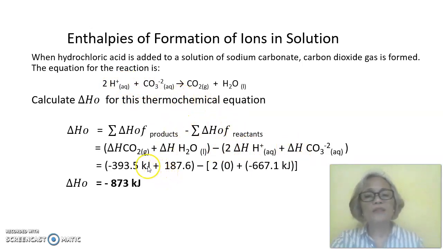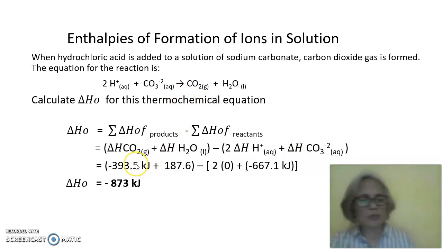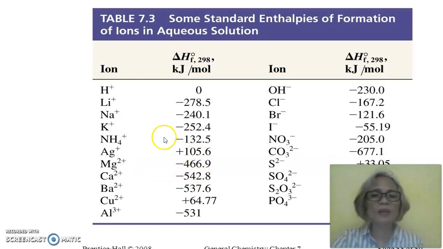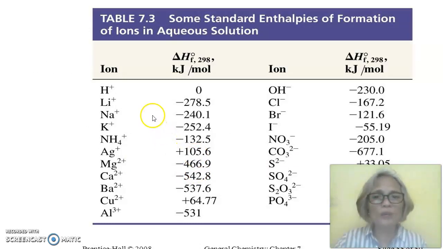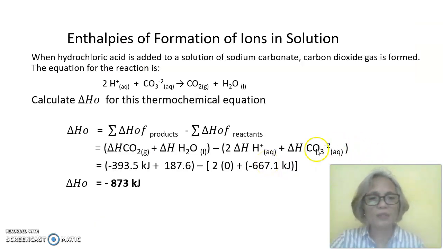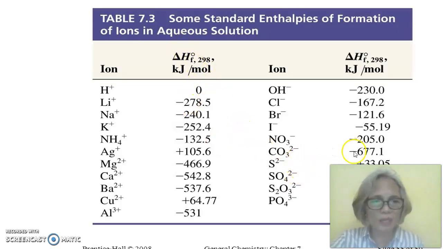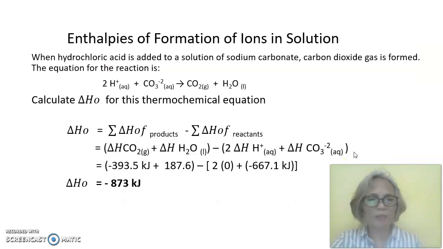Then affix the values from the table, carbon dioxide from the previous table. For the ions, we have carbonate ion and hydrogen ion. This is 0 because it's an element. Carbonate is negative 677.1.